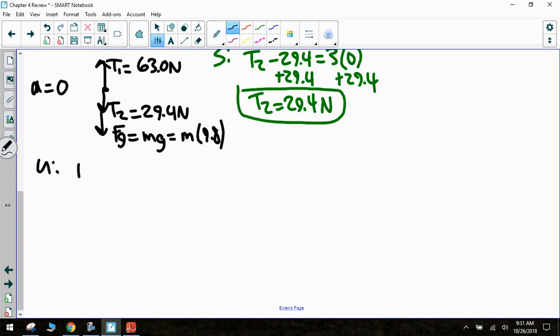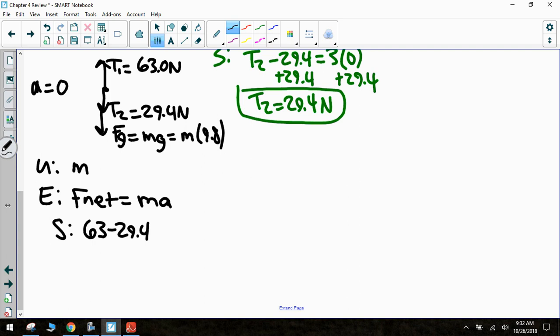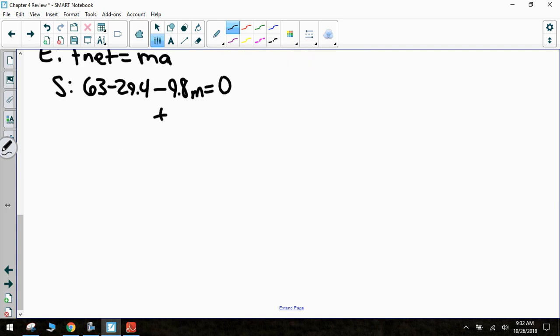The unknown is M. The equation is F net equals MA. I can solve. I got T1 going up is 63. I got T2 going down is minus 29.4. I got minus 9.8 M equals 0. Add 9.8 M to both sides.